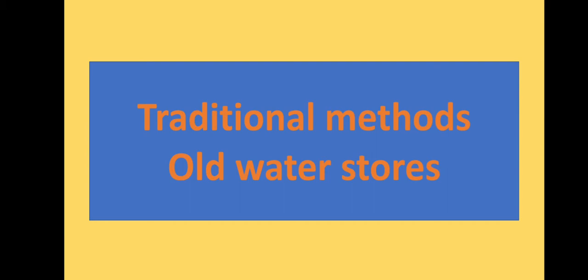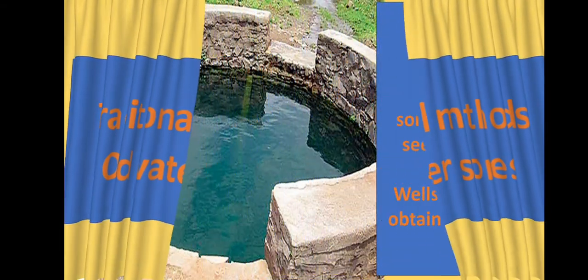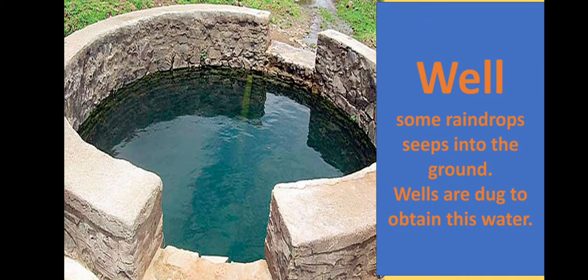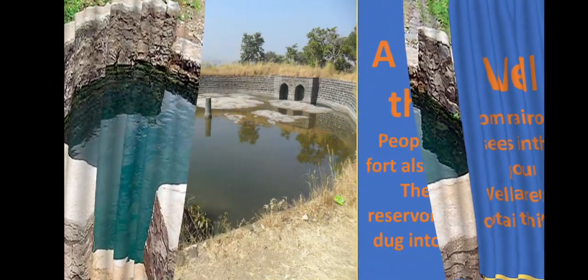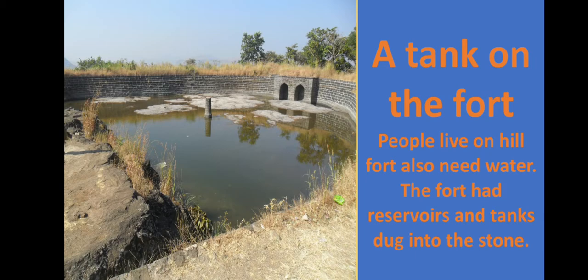Let's see the first. Wells. Some raindrops seep into the ground. Wells are dug to obtain this water. Water tanks in forts.